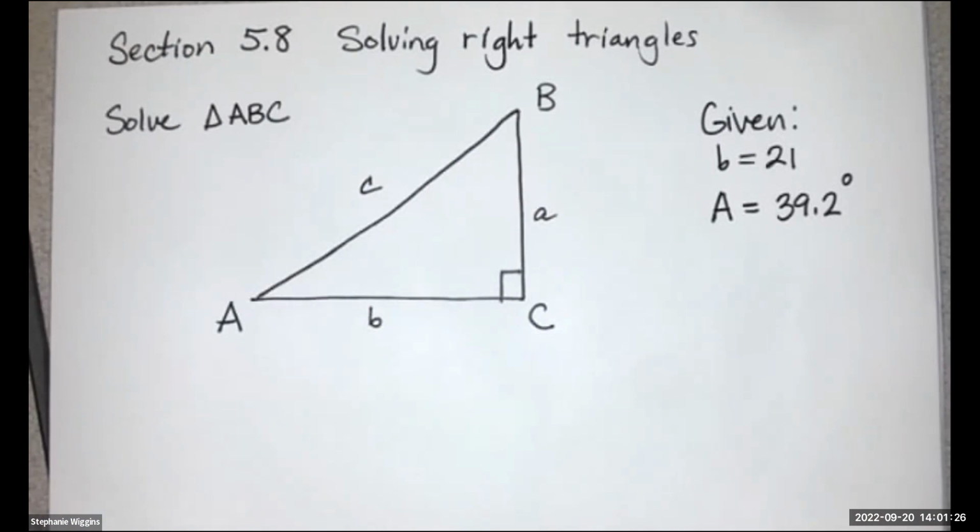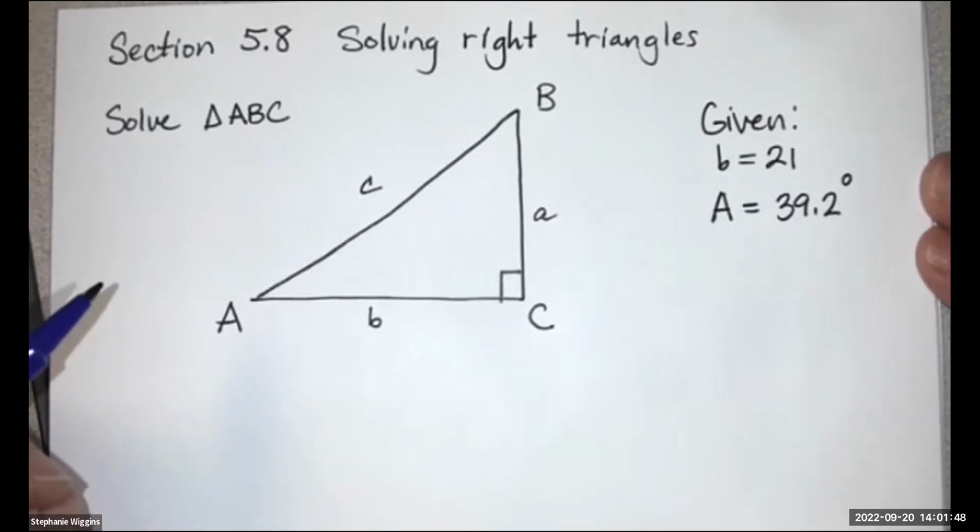It doesn't matter if it's sides or angles or a combination; if you have 3 of the 6, you can find the other 3. That's how we solve triangles. Today we're just going to focus on right triangles, which we've kind of done already, so this is sort of a review.